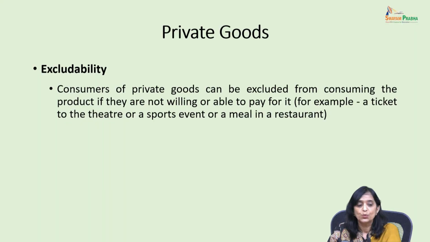Now, let us see what a private good is. A private good has both characteristics which are opposite to the public good. First, private goods can be excluded from consumption. That is, consumers who do not want to pay, who are not willing to pay, or who are not able to pay for consuming these goods or services can be excluded from consuming these private goods.